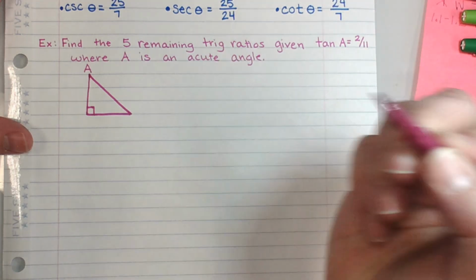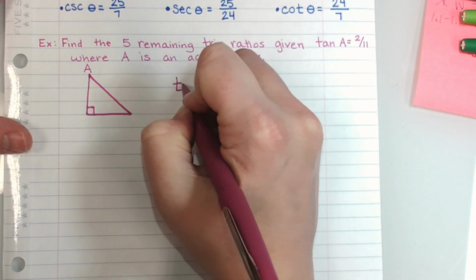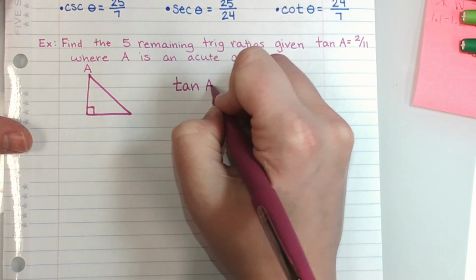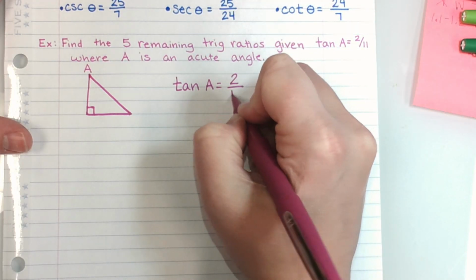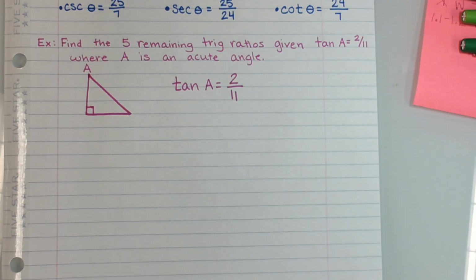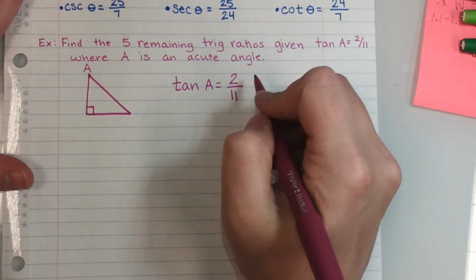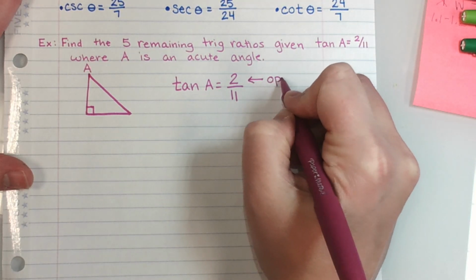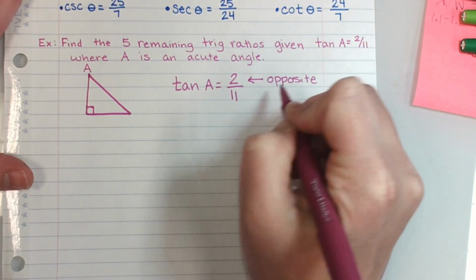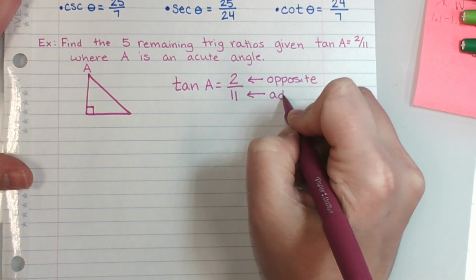Now, about this triangle, we know the tangent of that angle A is 2/11. What do you know about tangent? Opposite over adjacent, right? That's the opposite. That's the adjacent.